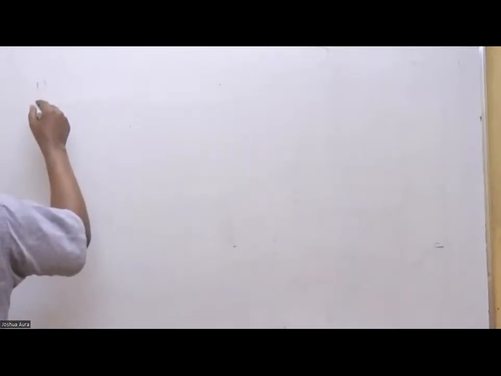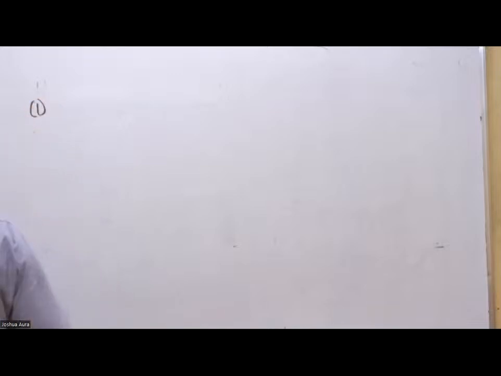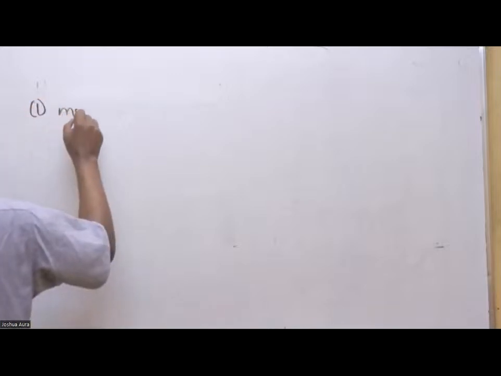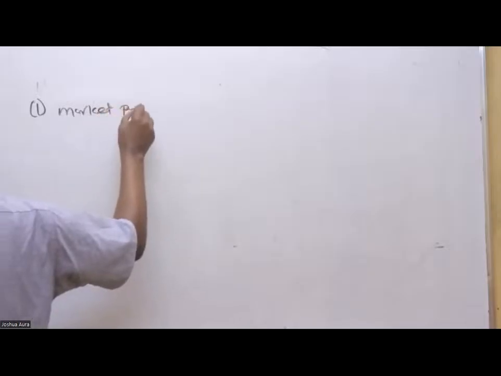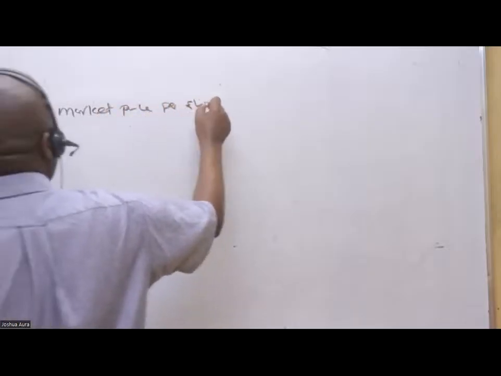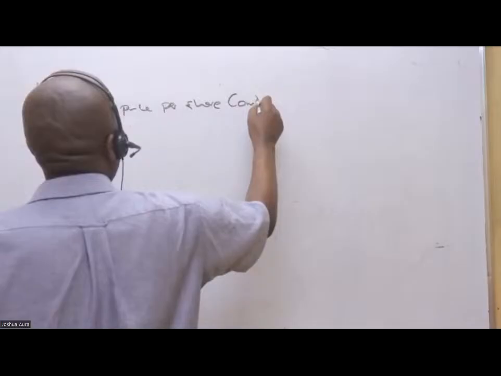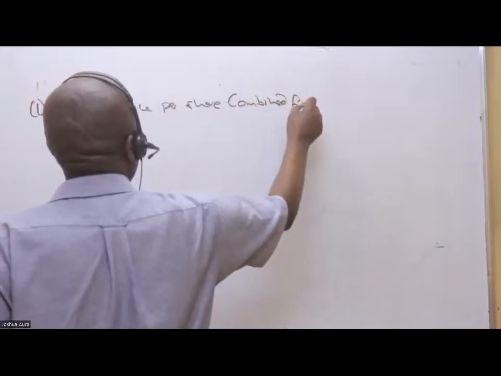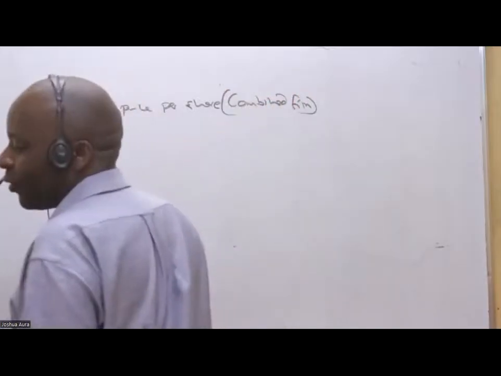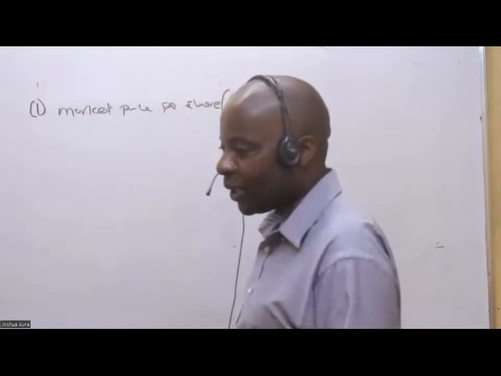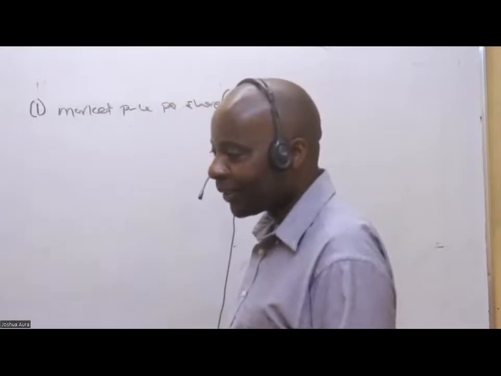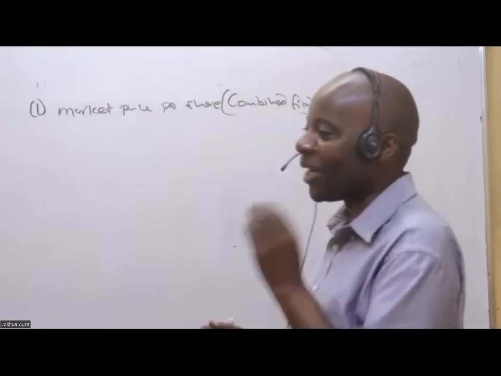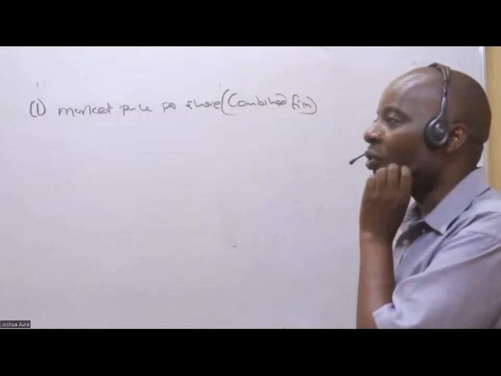Great. So Roman 1. They want us to give them the market price per share of the combined firm. It's theoretical normally. So then how do we get this?